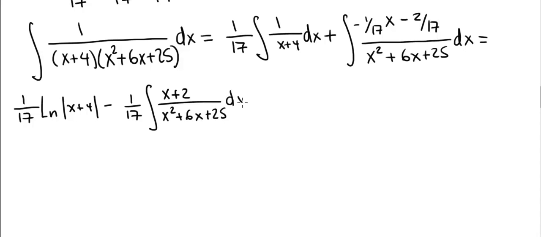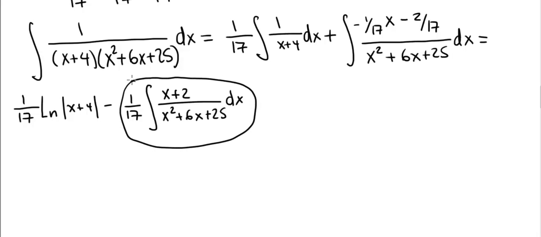So what we have to do is evaluate that and we'll be done. So let's leave the coefficient of minus 1/17 alone and look at this integral of x plus 2 divided by x squared plus 6x plus 25.